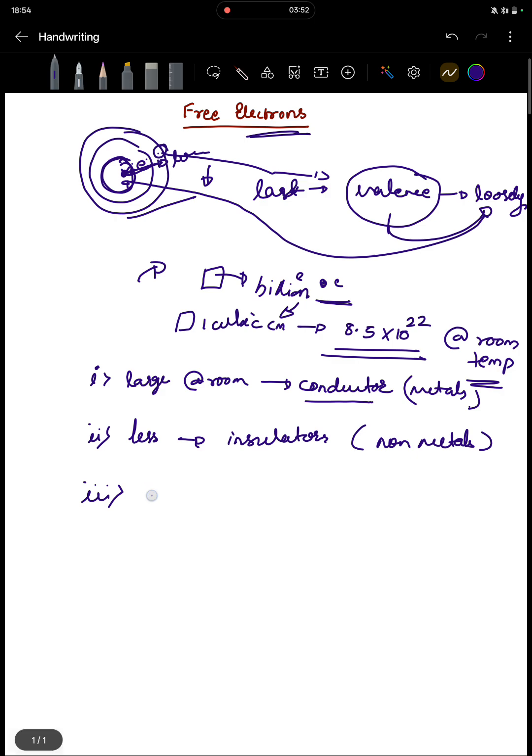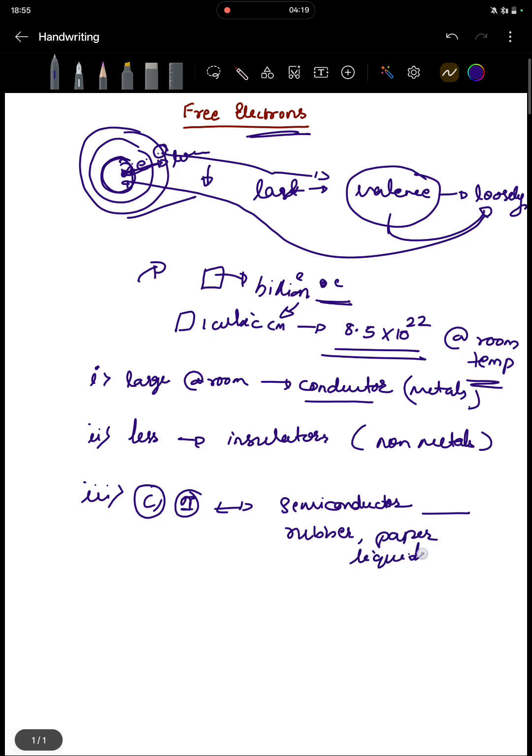As their name implies, they are neither conductors nor insulators; they act in between these two properties. Partially no current will flow through these substances. Rubber, ceramic particles, paper, and most of the liquids are all semiconductors.